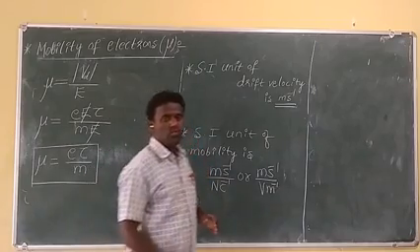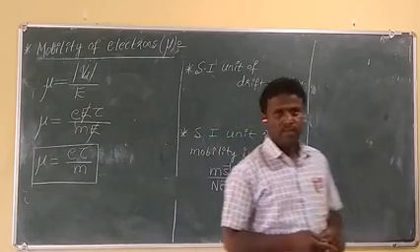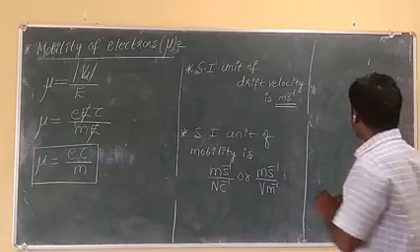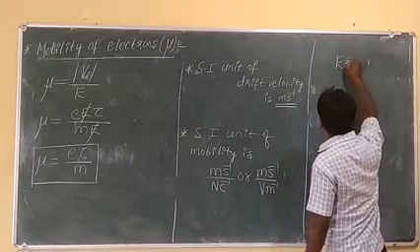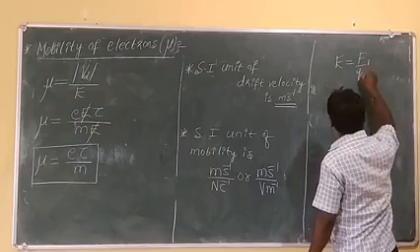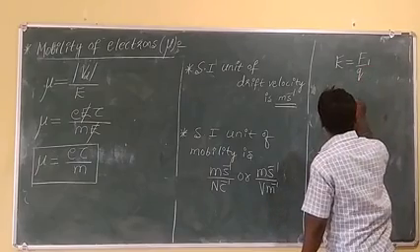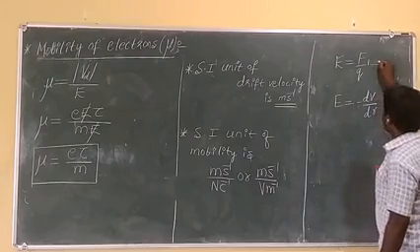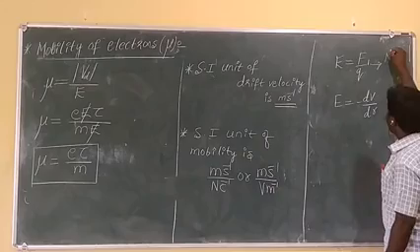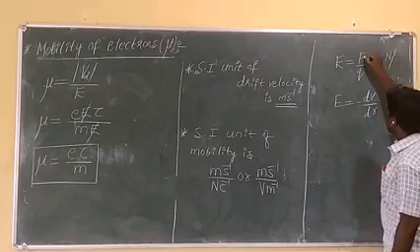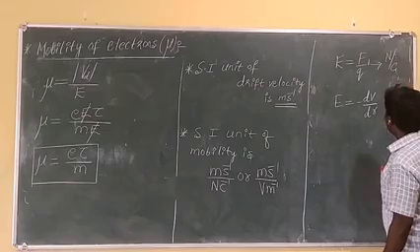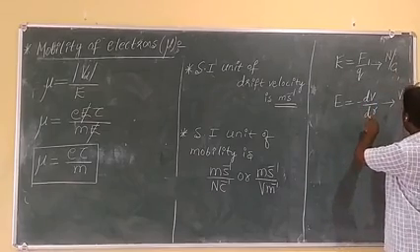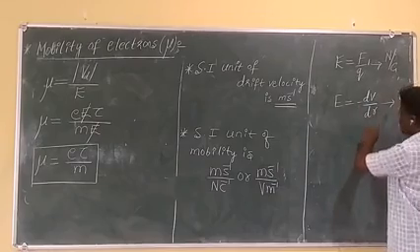One is E equals F by Q, considering F equals QE. The other is electric field equals minus dV by dr. For the first, force is measured in Newton and charge in coulomb. For the second, potential difference is measured in volt and distance in meter.